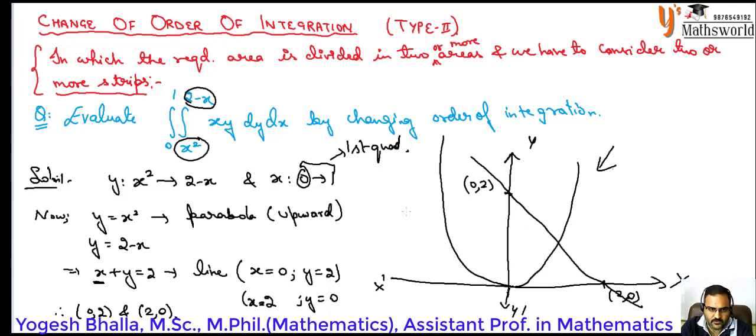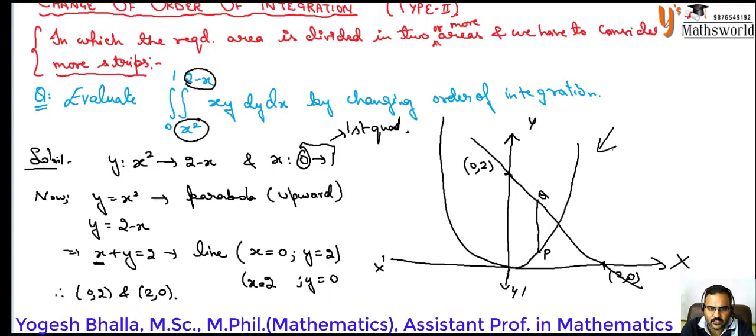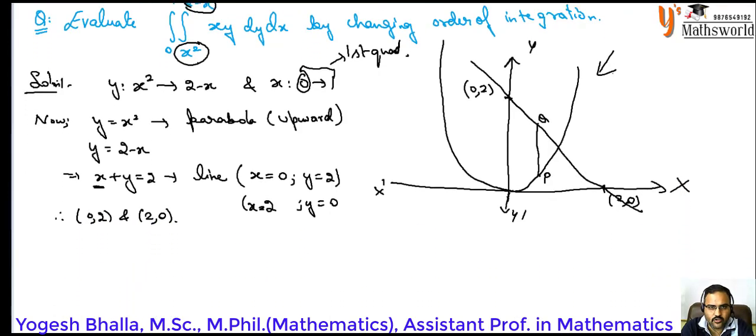Now we have to move from the parabola to the line. So that means they have provided us a vertical strip PQ. Now to change the order of integration, we need to take horizontal strips. The property of a strip is that both ends of the strip must touch the given curves.